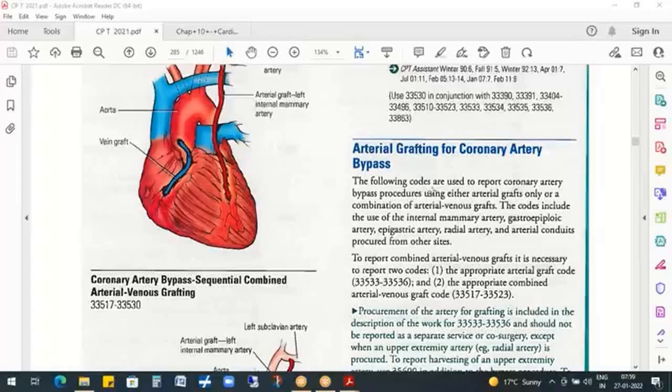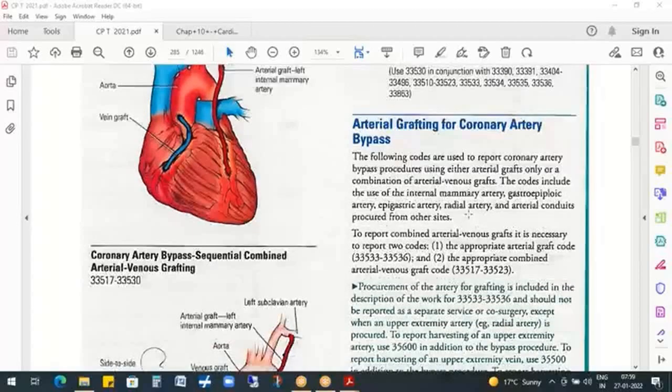From this, only one artery we need to code separately, that is radial artery. Just write down there itself in the book. Radial artery can be coded separately. What is the code? 35600. Only radial artery can be coded separately. All others are included in the procedure.